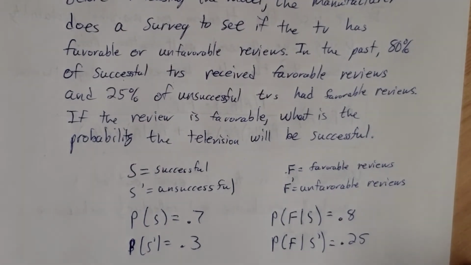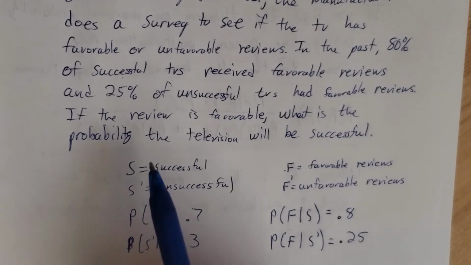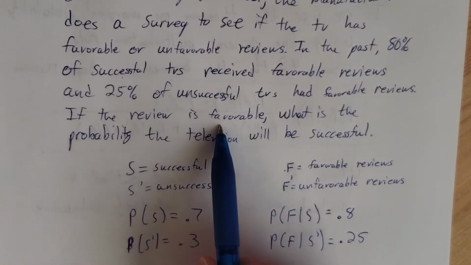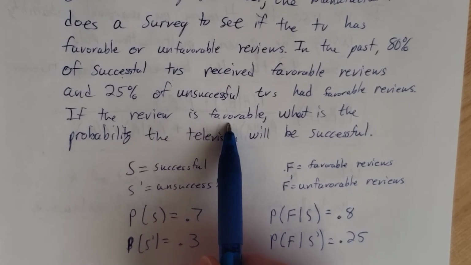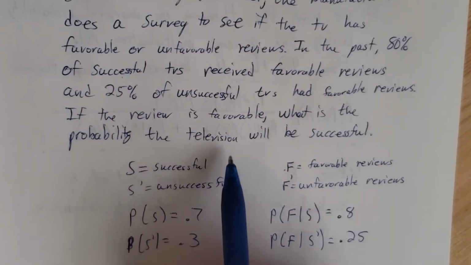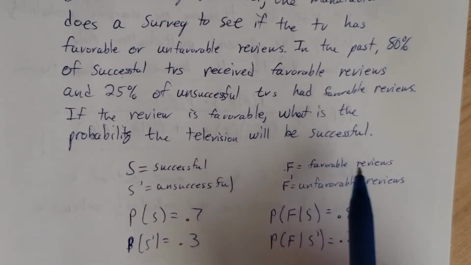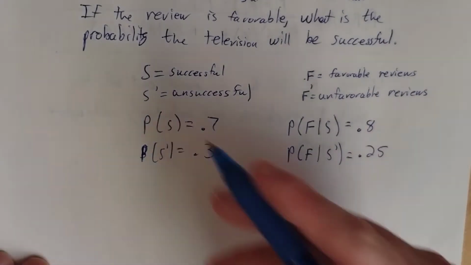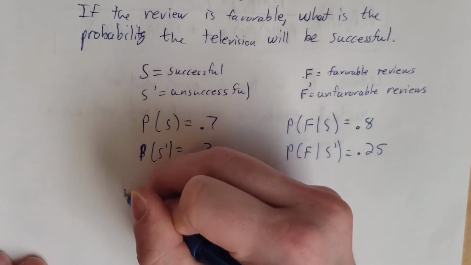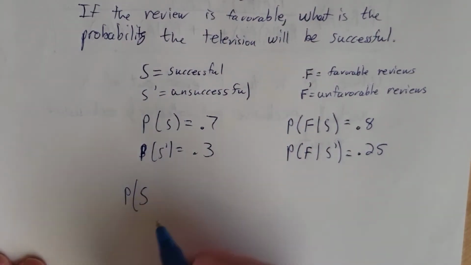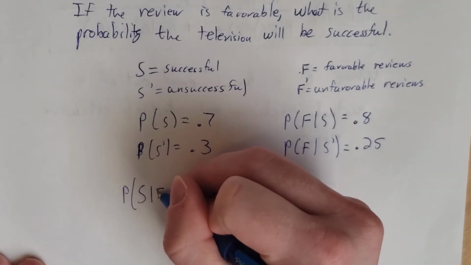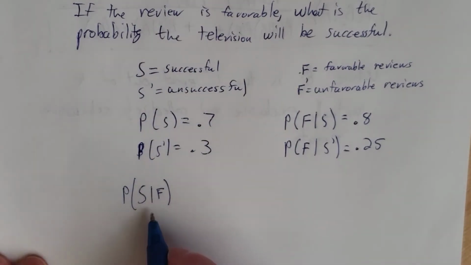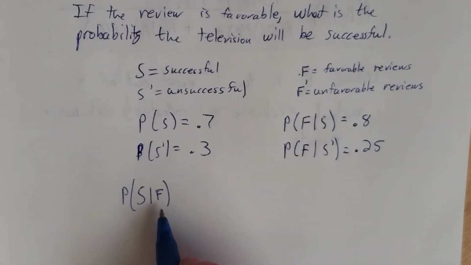Okay. Now, what does this question ask? This question says that given that the review is favorable, what is the probability that the television will be successful? Well, what does that mean? That means we write P of S given F. So again, we were given that the review was favorable.